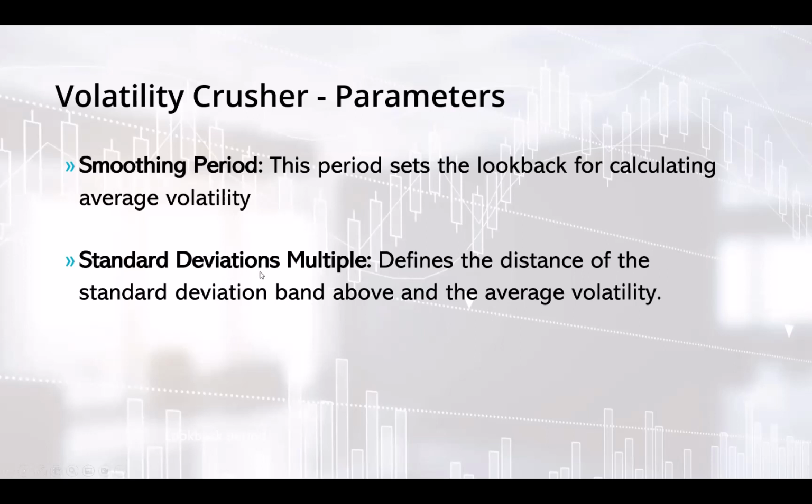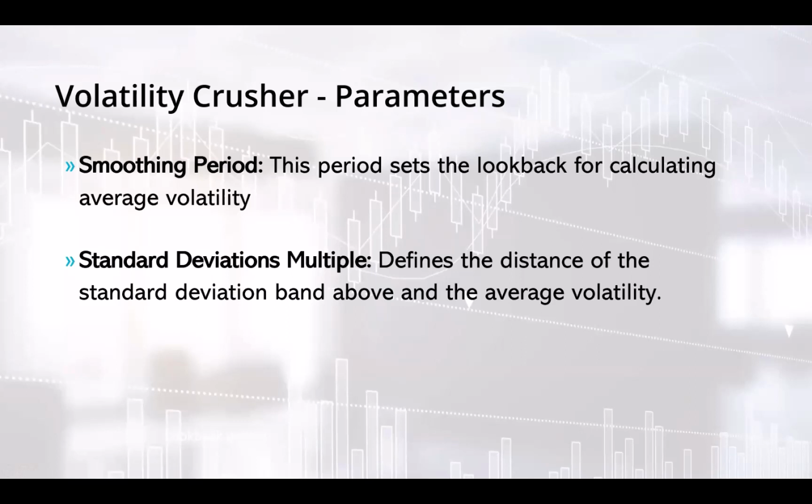It's a mathematical formula which basically calculates an upper band of this average volatility. And this is going to be our threshold to determine whether the current volatility is abnormally high.